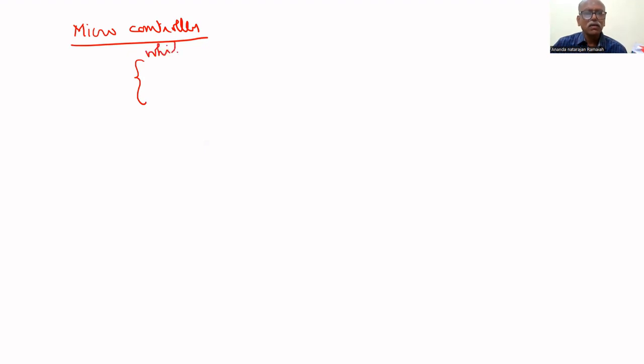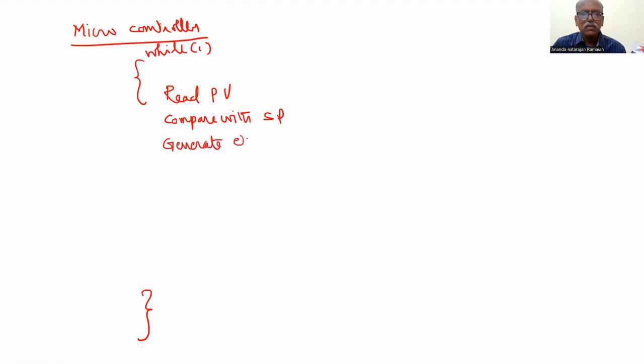An infinite loop will be there that will be executed again and again. It will read the PV, compare with set point, and generate error. This will be done continuously.